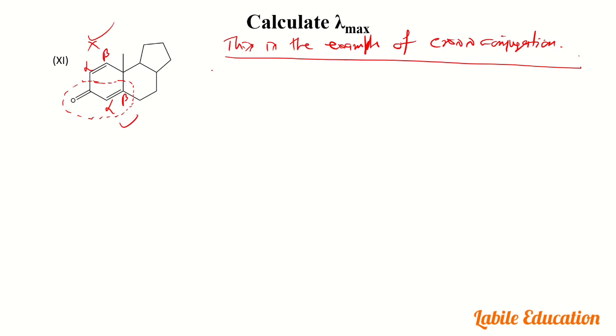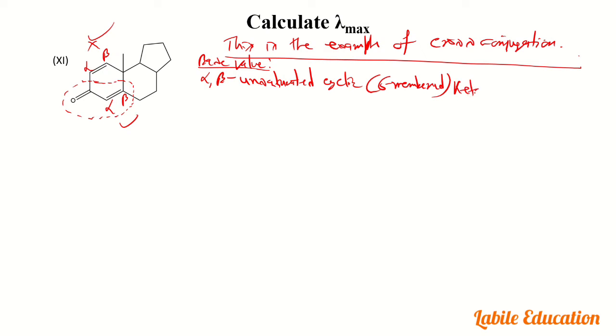So here, this is the example of alpha, beta unsaturated, and this is cyclic, and in the cyclic this is six membered, and ketone, so the base value will be 215 nanometer.